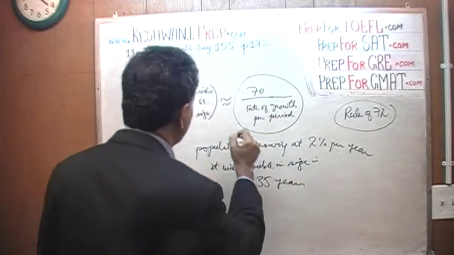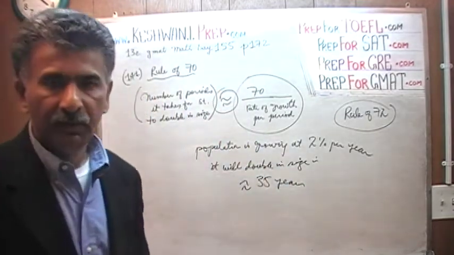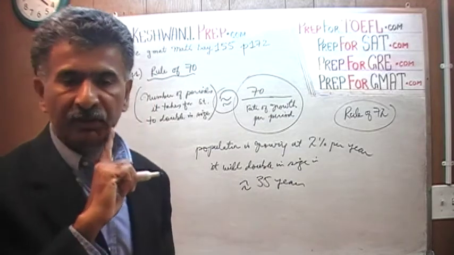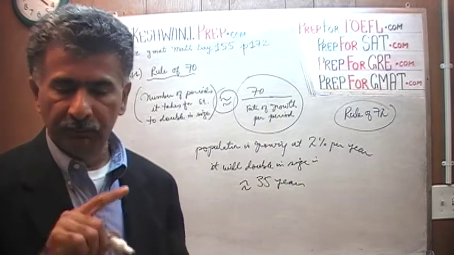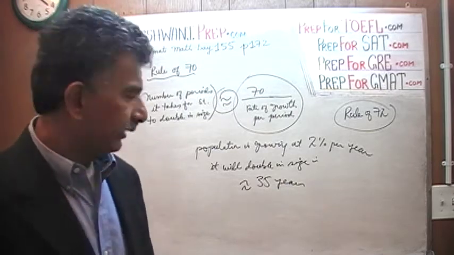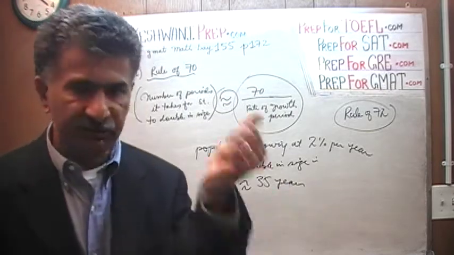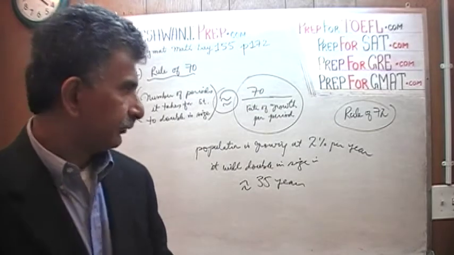You must say approximately because this is not a precise figure. For the precise calculation we'll have to do the logarithm and so forth, and we can do it very quickly. It's not actually that complicated. But if you want a quick and dirty answer, it's just 70 divided by 2, which is 35.